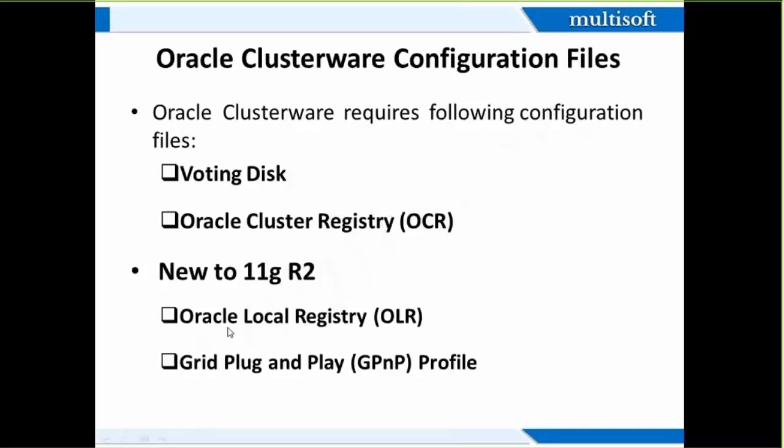Prior to 11G R2, we had to do lots of manual operations, right? But after the introduction of this GPnP profile, I just have to run addNode.sh, right? And all the required information is gathered from this GPnP profile. So the GPnP profile contains all shared information that is common to all the nodes.